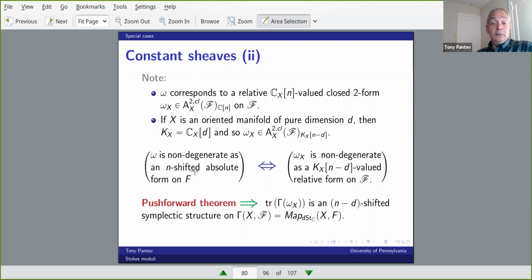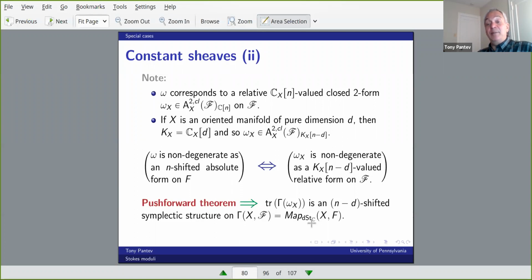And then omega is non-degenerate as an n-shifted absolute form on F if and only if, viewing omega as a relative form, it's non-degenerate as a relative form n minus D shifted on F. And what the push forward theorem tells you is, so taking the push forward is just taking the global section of that constant sheaf.